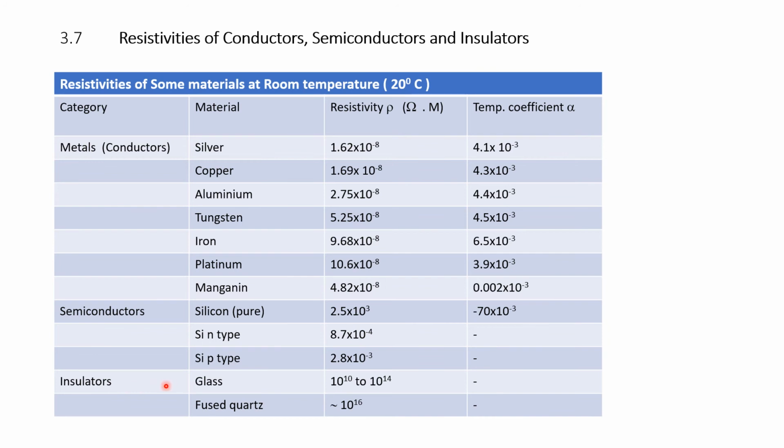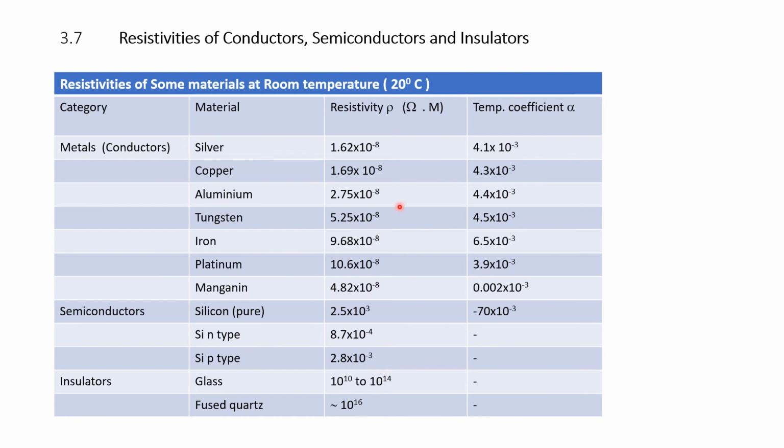Insulators. Glass and fused quartz are some of the examples of insulators. Their resistivity is of the order of 10 to the power of 10 to 10 to the power of 14, whereas fused quartz is approximately 10 to the power of 16. That means these materials called insulators, which are very poor conductors of electricity, have very high resistance.